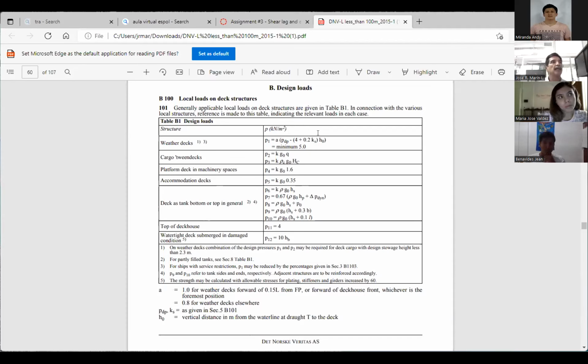This is the formula that you need to apply, and you see here the units resulting from these formulas. If you apply this formula, A multiplied by P sub D, minus this combination, will give you P1. That's the pressure in kilonewtons per square meter that you need to apply to a weather deck.